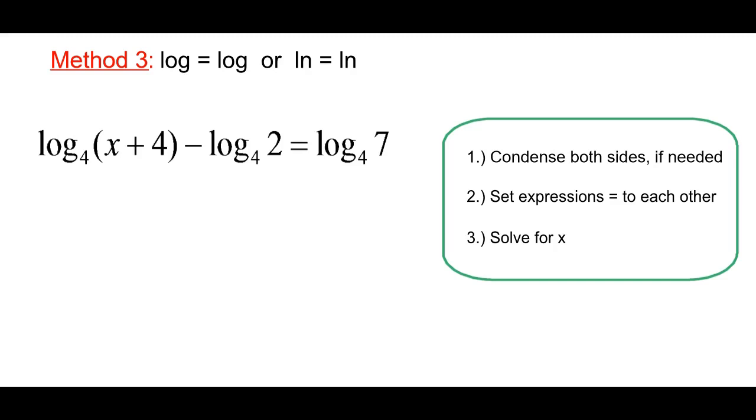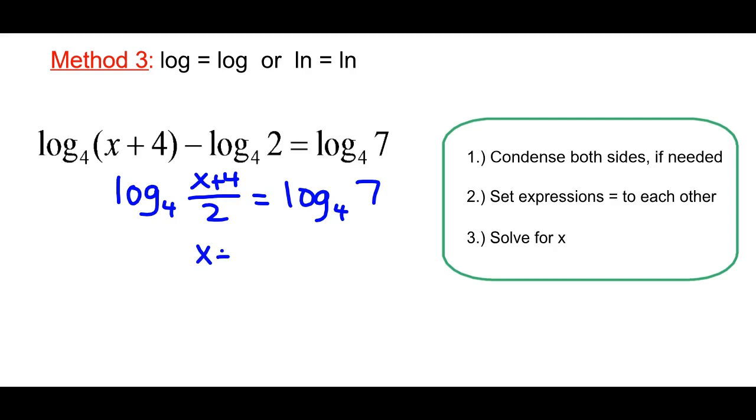Remember, if you have two separate logarithms that are being subtracted, you can condense that to be log base 4 of x plus 4 divided by 2 equals log base 4 of 7. So subtraction can put them together into division. Now I have a single logarithm on both sides. I can take the expressions x plus 4 over 2 and 7 and set them equal to each other.